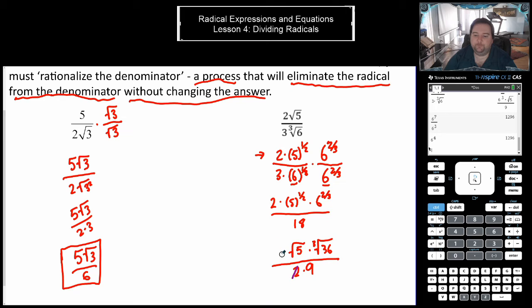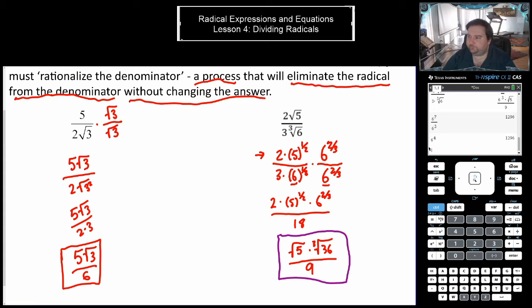They're gone. We eliminated them. And here's our final answer. This is what I'm going to stick with. And that's not a 0.9. I just want to be clear. That's a 9. Okay? We have root 5 times cube root of 36 over 9.